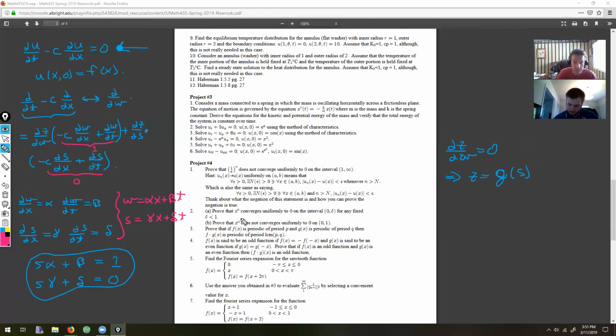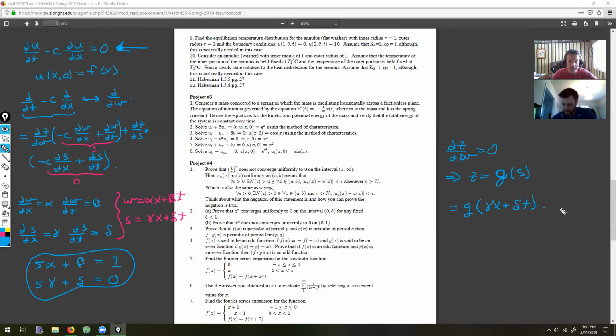Okay, I didn't write that out. So my s, that's what you get when you solve these equations back here. So then this is going to equal g of gamma x plus delta t, right?